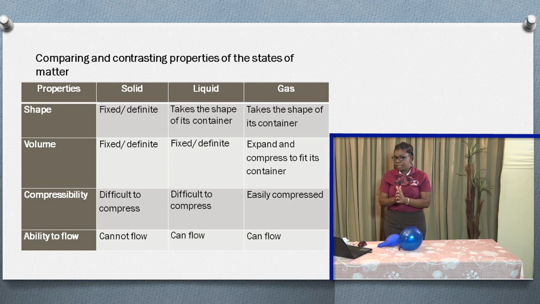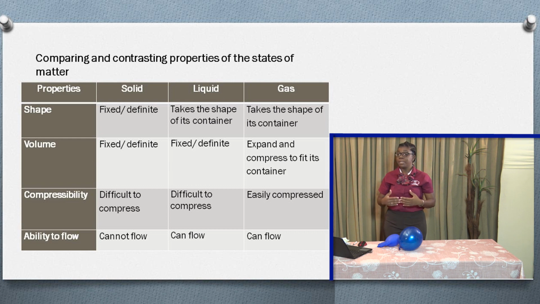But for liquids, also the volume is the same from one container to the other. But when it comes to gases, the volume is not fixed. It changes to suit the space available or the size of the container. In terms of ability to be compressed, liquids and solids are difficult to compress, but for gases, they're easily compressed.